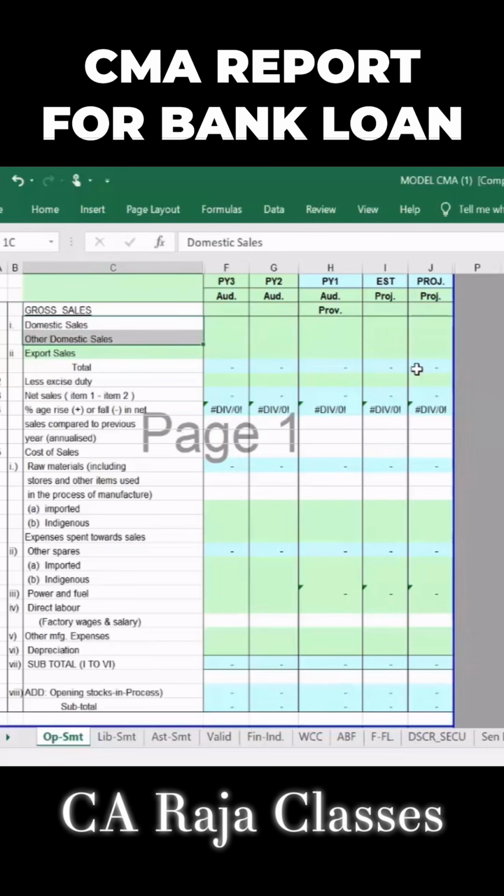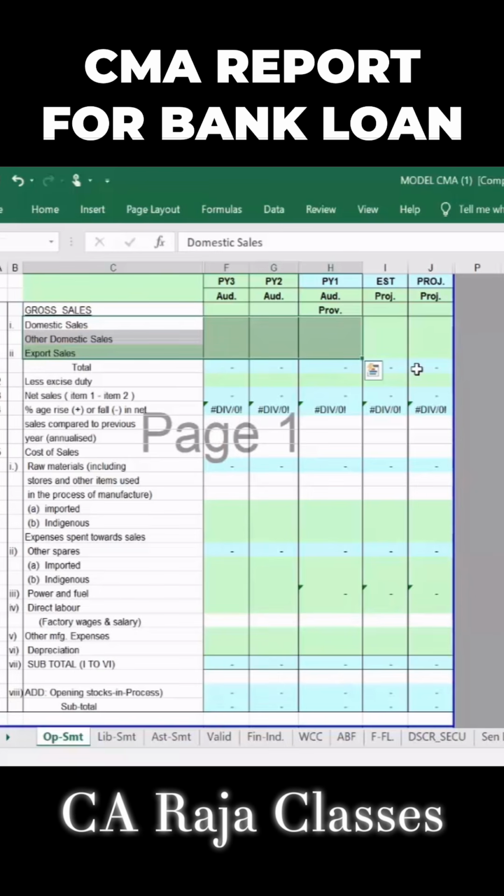Sometimes the split up between the domestic sales and export sales may not be available, so the banker will be insisting on the split up, or the borrower will be advised to furnish the split up as to how much is their domestic sales and how much is their export sales. And this becomes very critical and relevant, especially when the borrower is having export sales, because the credit facilities for export sales are assessed slightly different, in a different way, number one.